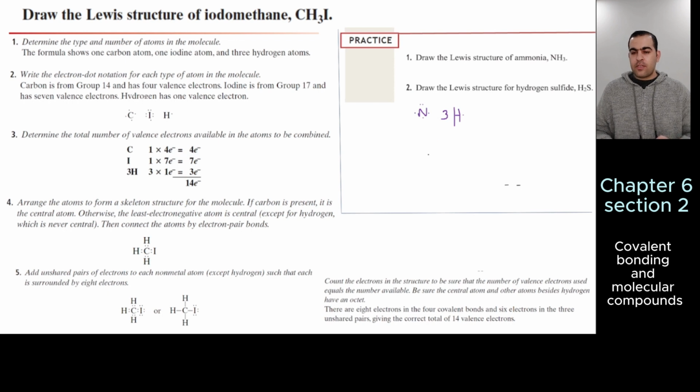Now, which one is central? Hydrogen is never going to be central, so nitrogen is going to be central. Nitrogen central, 1, 2, 3, 4, 5. We have 3 hydrogens. These 3 hydrogens surround the central atom.